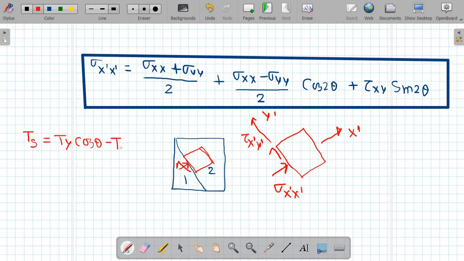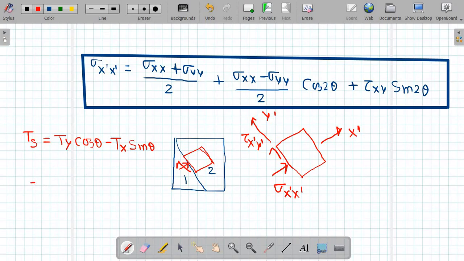Because this traction in the x direction has its component in the negative y dash direction, that is why. So this is the expression.